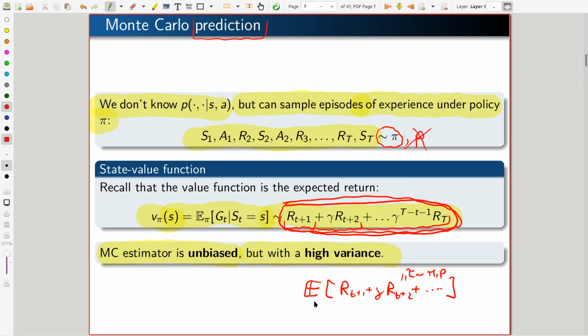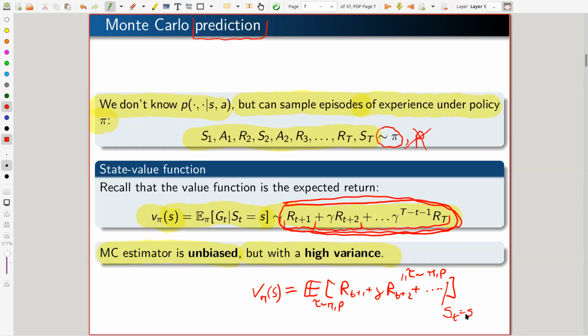If you take the expectation under this joint probability, then the estimator is unbiased if this expectation is exactly the value that you're trying to estimate. What is the value that you're trying to estimate? The value of the starting state. Of course, the starting state is the initial one here.